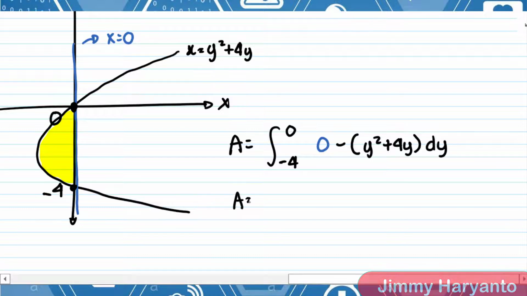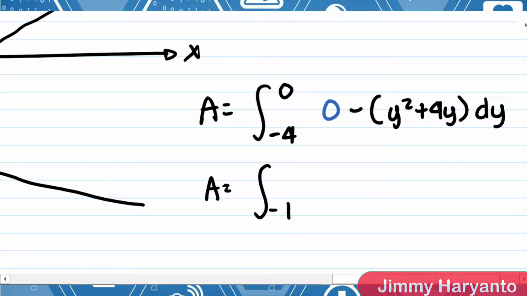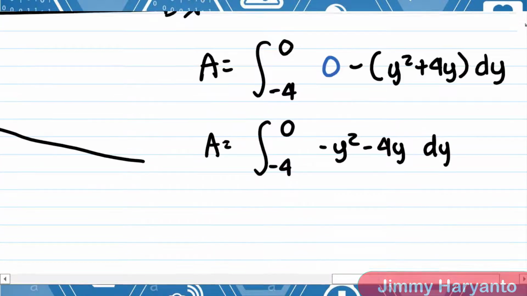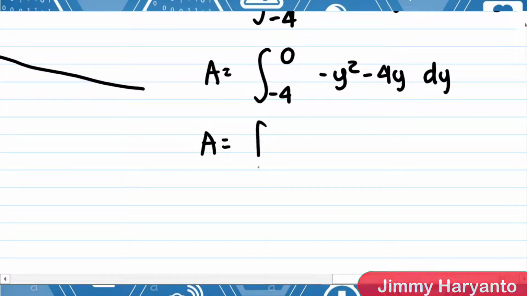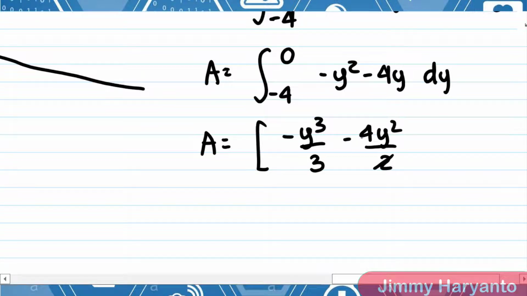And after that, area equals the integral from negative 4 to 0 of negative y square minus 4y dy. And the next thing you have to do is to integrate it like this: negative y cubed over 3, minus 4y square over 2, cross out the 4 and 2, from negative 4 to 0.